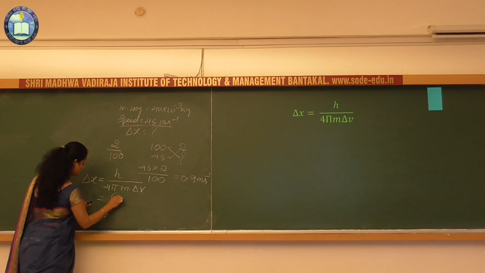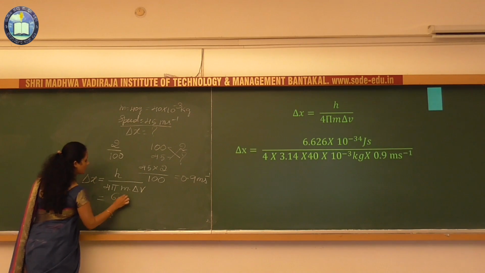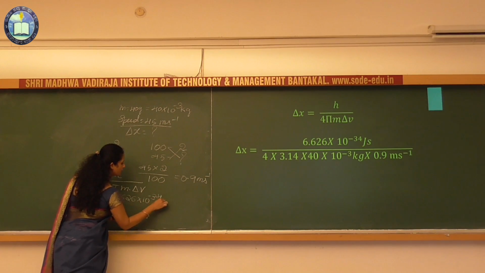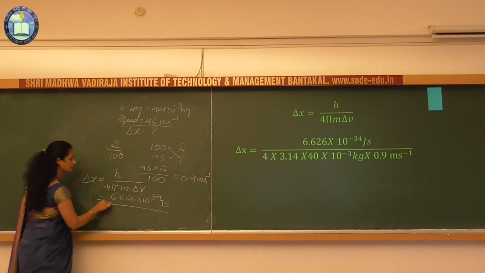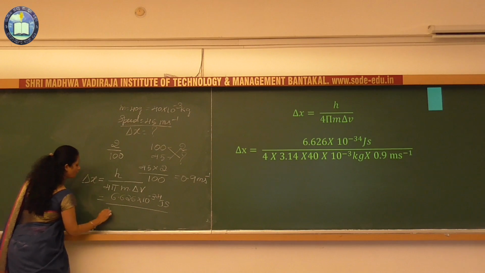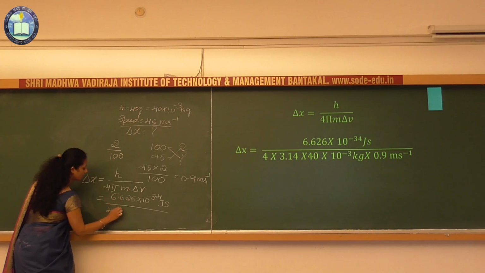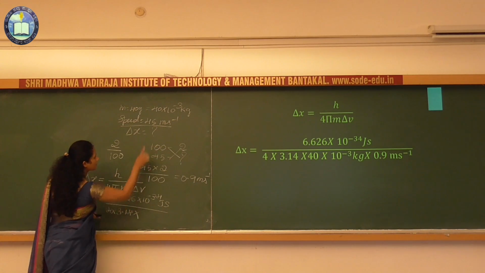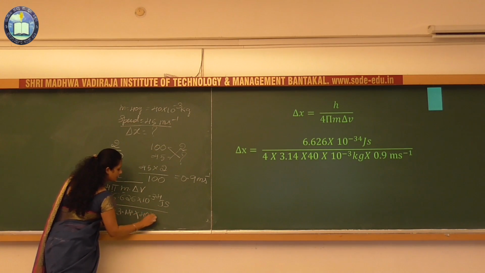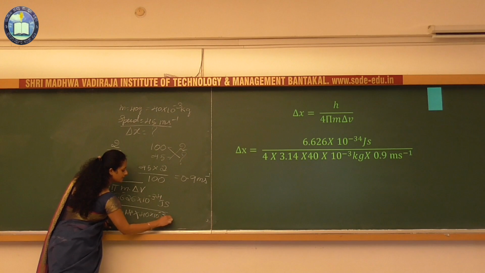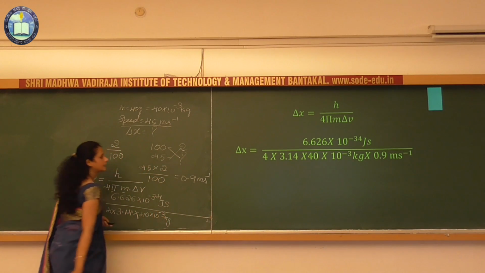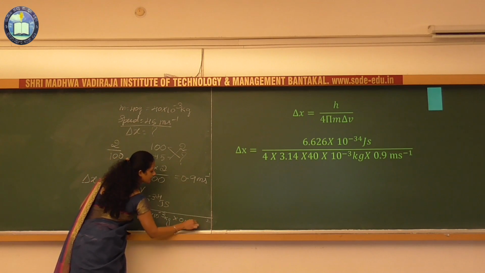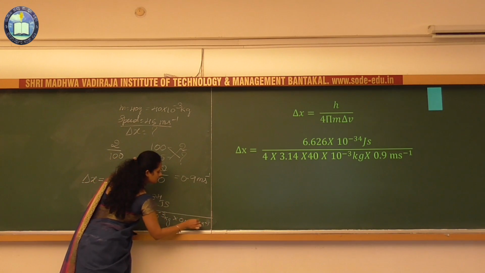Substitute here: h is 6.626 into 10 to the power minus 34 joule second, divided by 4 pi, 3.14, into mass 40 into 10 to the power minus 3 kg, into delta v, 0.9 meter per second.